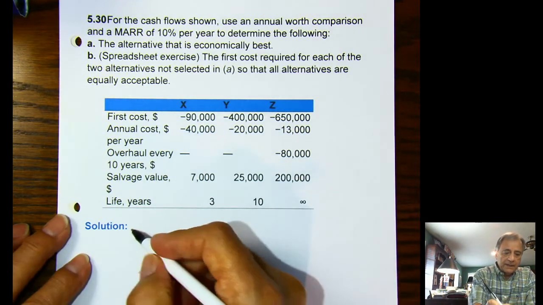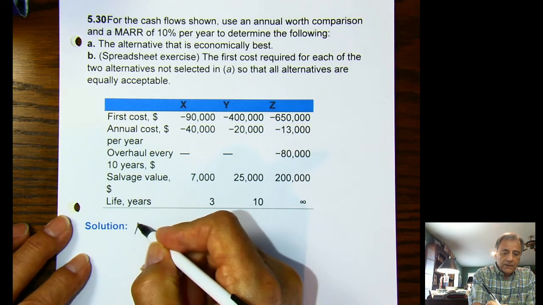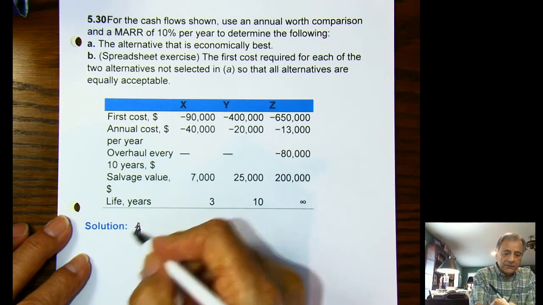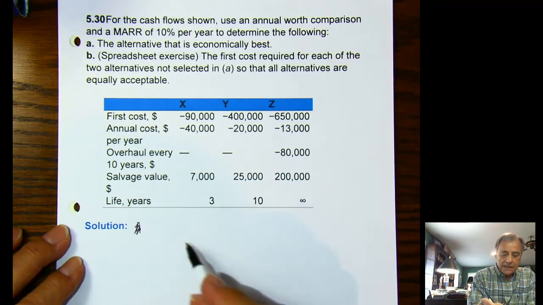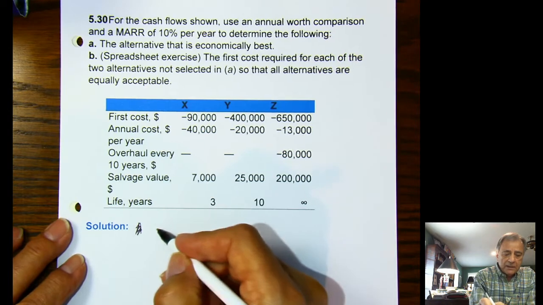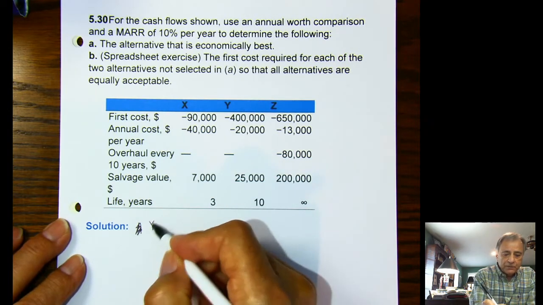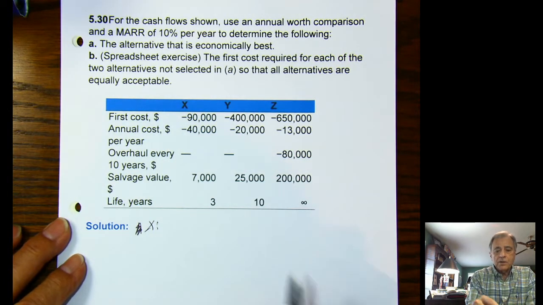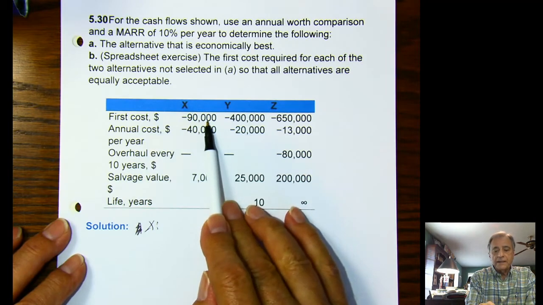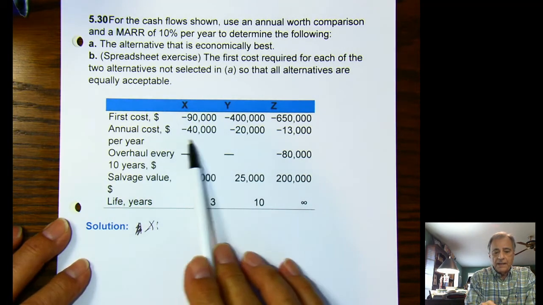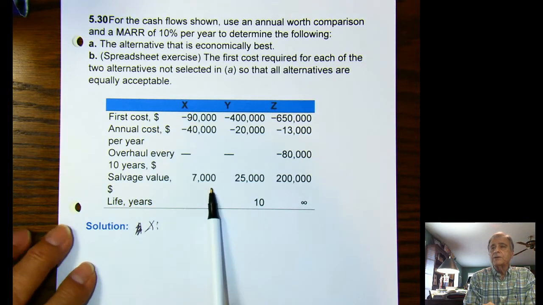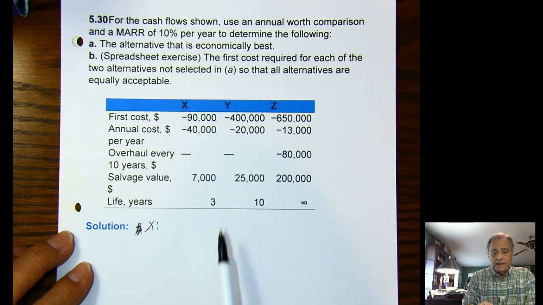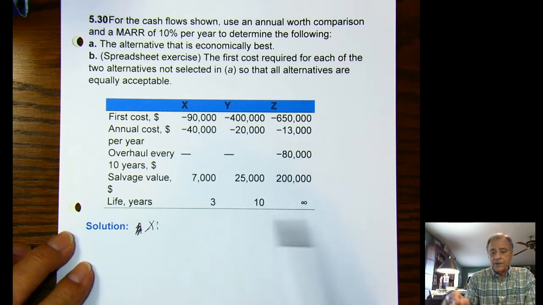Let's draw the cash flow diagram of X first. I'll look at it like this. X has a first cost of $90,000, an annual cost per year of $40,000, and a salvage value of $7,000. That series will repeat itself every 3 years.